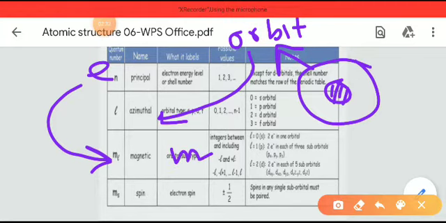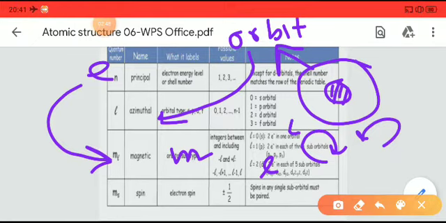Electrons can move or rotate clockwise as well as anti-clockwise. So electrons can move in both directions. To differentiate between the clockwise rotation and the anti-clockwise rotation of the electron, we use the spin quantum number.